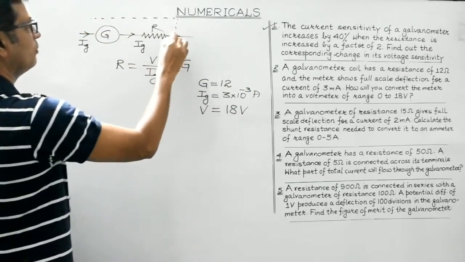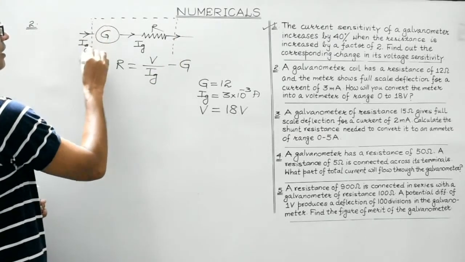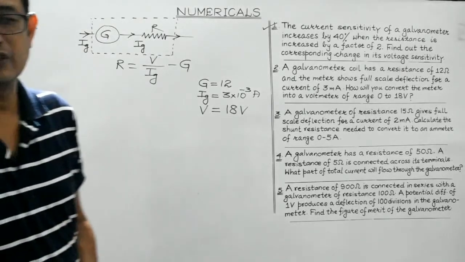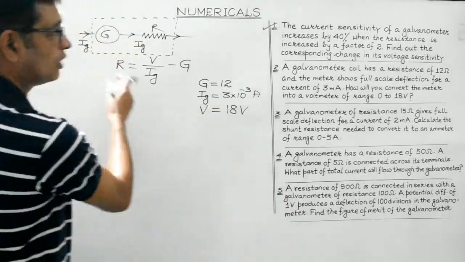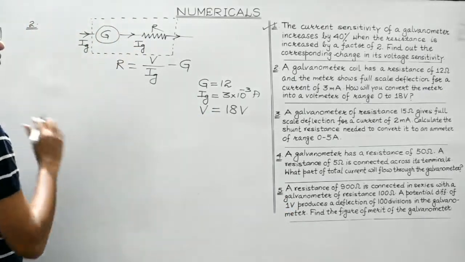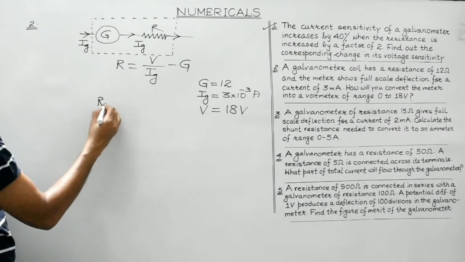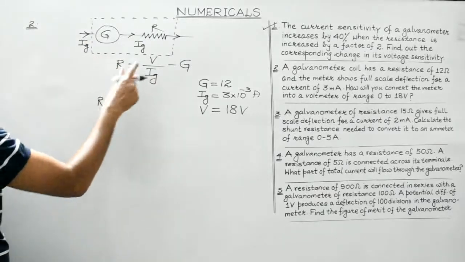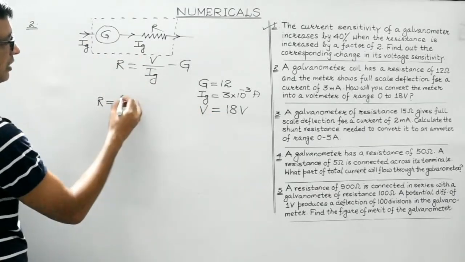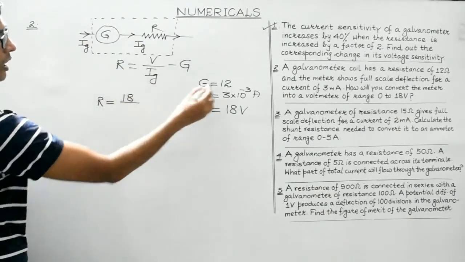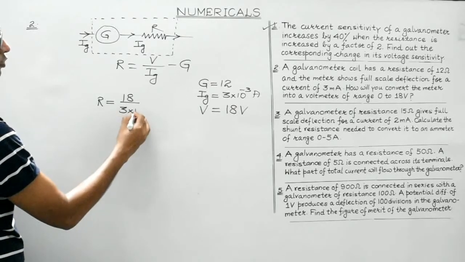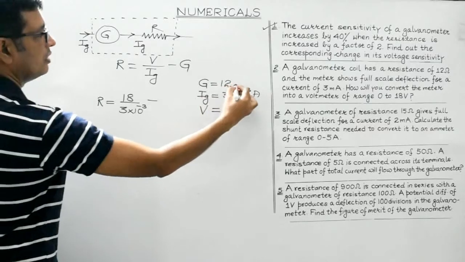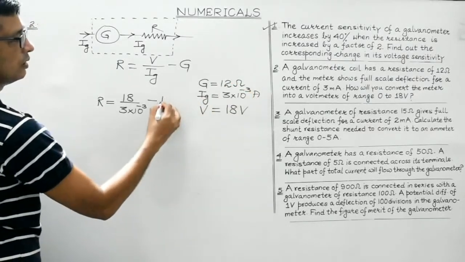This series combination of galvanometer and high resistance wire constitutes a voltmeter. So this is the scenario, right? So let's calculate the value of capital R then. Capital R, which is the high resistance wire which is to be connected in series to the given galvanometer, would be given by V over IG minus G. V is 18, IG is 3 into 10 to minus 3, minus the resistance of the galvanometer, which is 12 ohm.